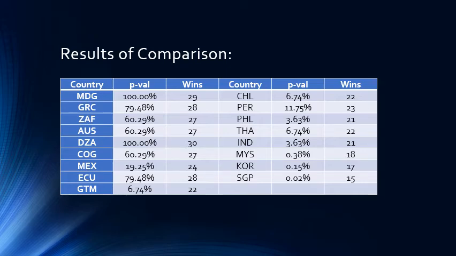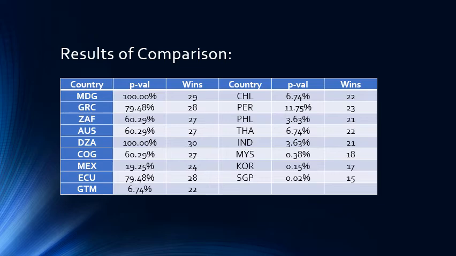Once we have the number of wins, we can compute the p-value, just like we did in the last lecture where we were looking at the flips of a coin and trying to decide whether the coin was fair. For example, Argentina was superior in 27 time periods, and the other country was superior in the remaining 32.